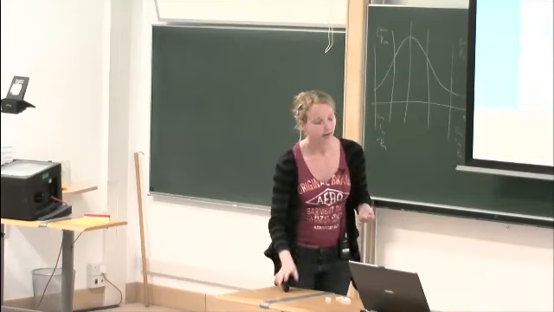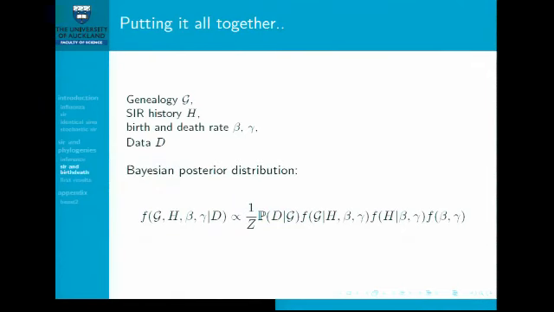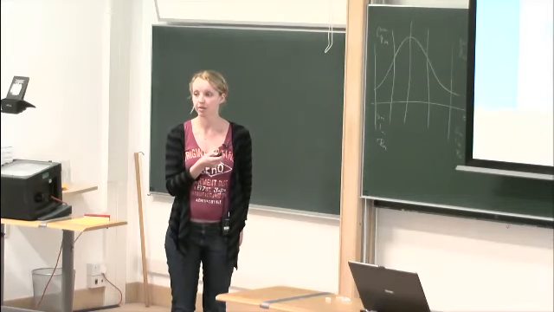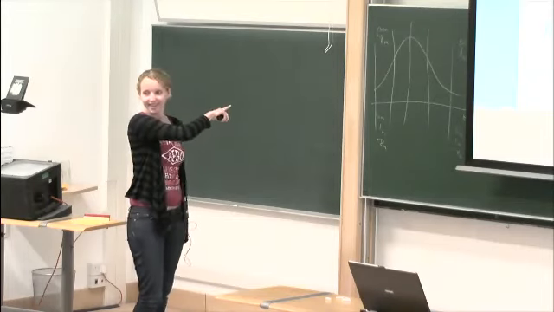Okay. So this is what we get. To get the likelihood of our genealogy and our SIR history, given the data, we'll need a prior on beta and gamma, and then the likelihood of the SIR history given those rates is given by our Poisson approximation, and the likelihood of the genealogy given the epidemiological history is given by an extension of Tanya's model, where she actually allows for rates to change in the birth-death process, which you might have noticed we do need here.